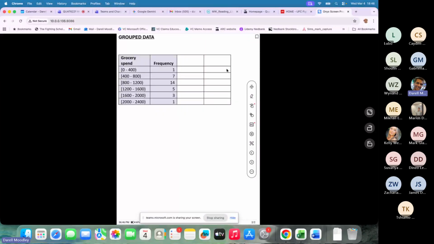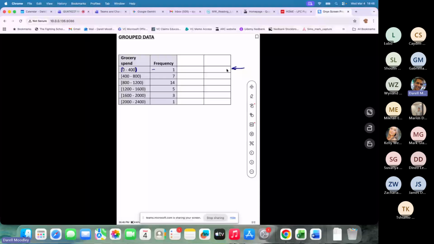If I draw your attention to the first row here, what this says is that we have customers that spend between 0 and 400 Rand. The square bracket means we include 0. The round bracket means we don't include 400, so it's just under 400. So it could be 399. So we only have one customer that spends that amount.